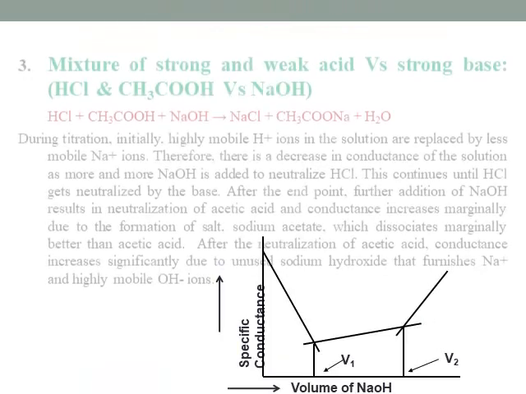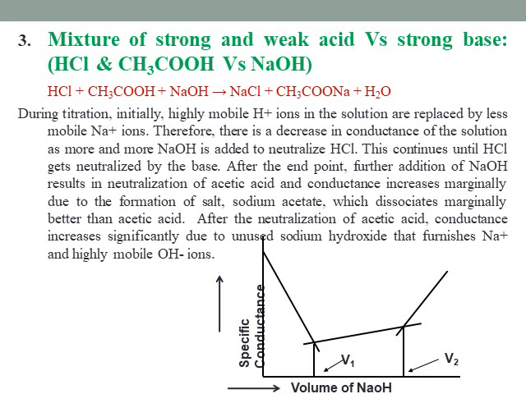The reaction typically looks like this: HCl plus CH3COOH, and you are adding NaOH first. During the titration, highly mobile H plus ions from HCl, the strong acid, are continuously neutralized by the strong base, so the specific conductance continuously decreases in the beginning, giving a straight line.